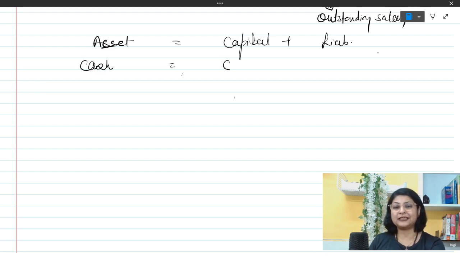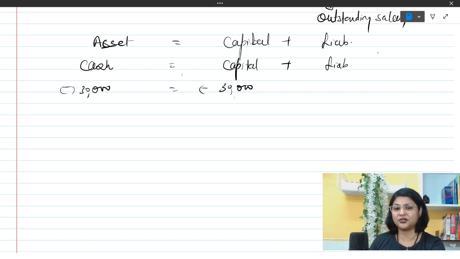In that case, you are going to deduct 30,000 rupees from cash, and you are going to deduct 30,000 rupees from capital also. But in our example, salary is not yet paid, salary is outstanding. Outstanding means I cannot deduct it from cash. Then from capital, am I going to deduct? Yes, I am going to deduct it from capital.